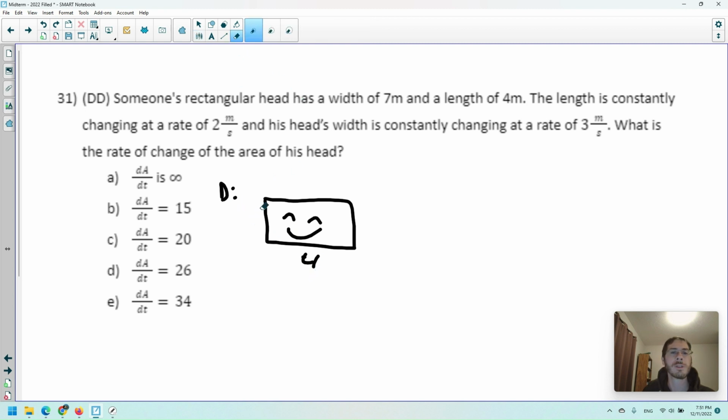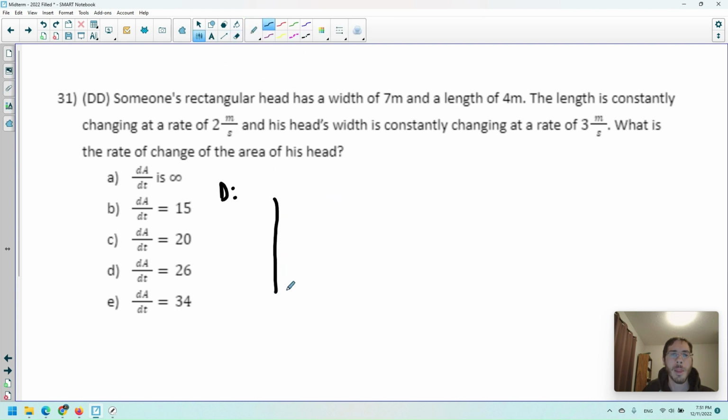We'll just switch these. We'll make our drawing a little bit nicer. Let's go this way. A width of 7 and a length of 4. But our person should still be pretty happy. They're just going to be really happy.